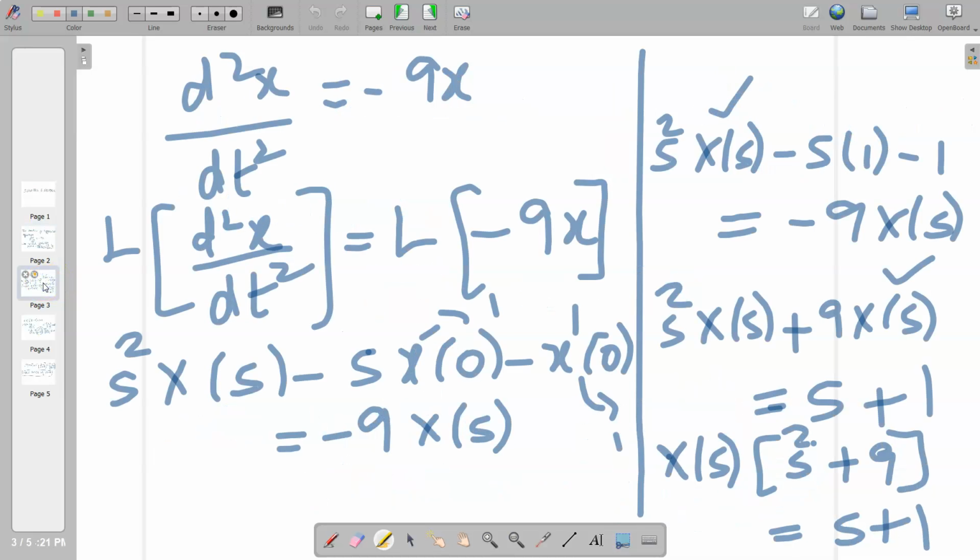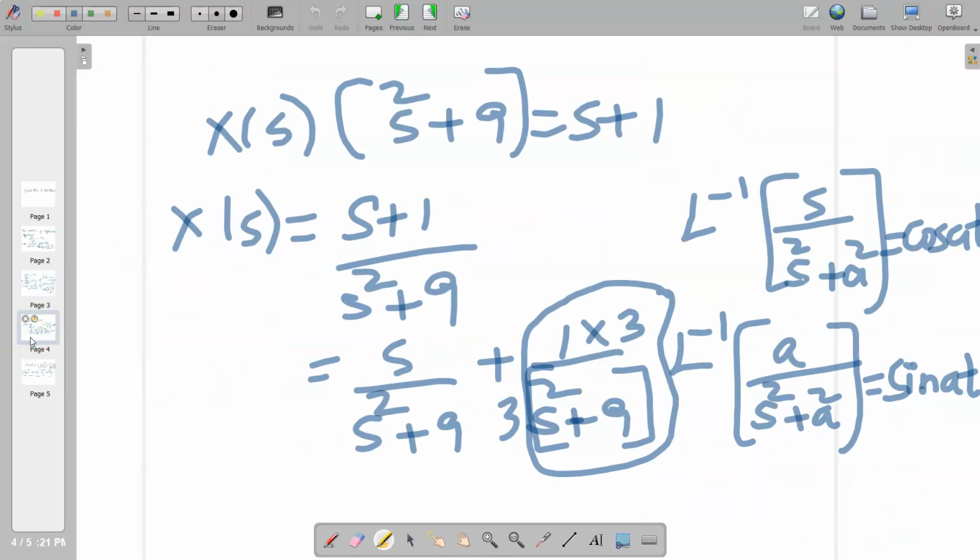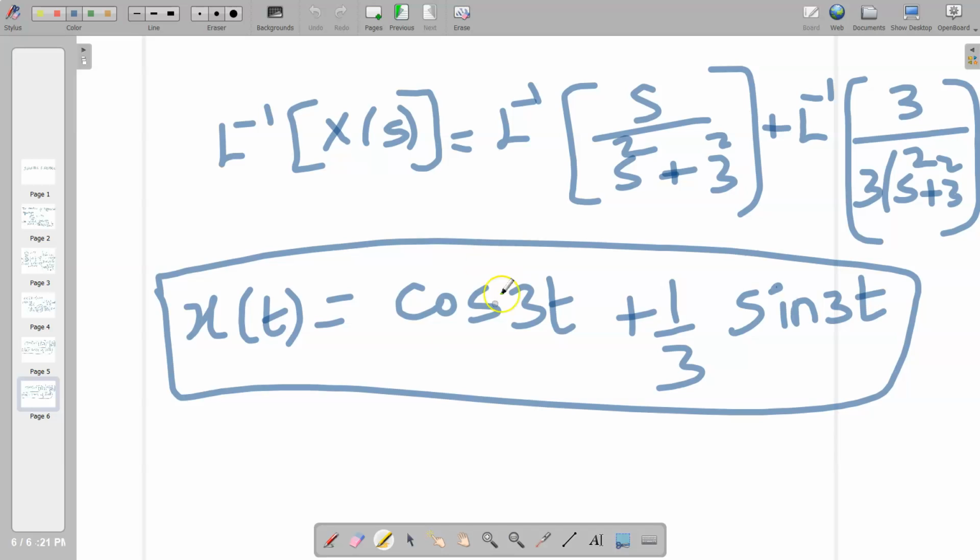So, just take your Laplace transformation on both sides, apply your initial conditions, and then take your left hand side and right hand side properly, such that you separate your X of s terms on one side and other terms on the other side. If you are able to apply partial fractions you can, but here you cannot apply. So, split your terms into two terms and using your inverse Laplace transformation formula, I get the final solution as x of t is equal to cos 3t plus 1 by 3 sin 3t.